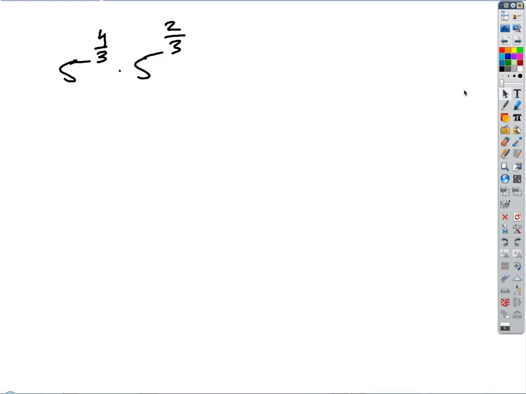If you multiply like bases, you add the exponents. I keep the base the same, I just add the exponents, right? So this answer should be 25, no, not 25, just 5.